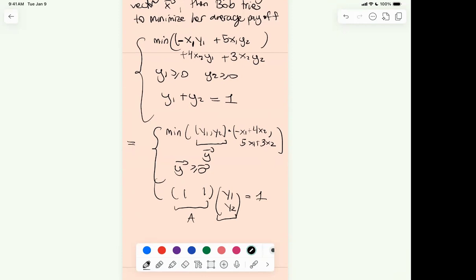And then this is y. And so let's call this bx, because this is what Bob is trying to do if Alice chooses x, the vector x.